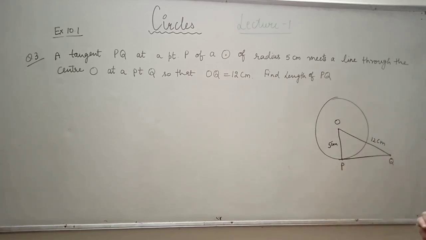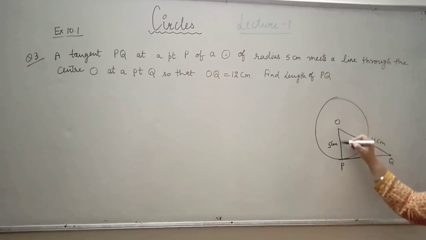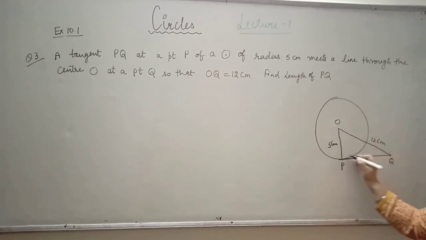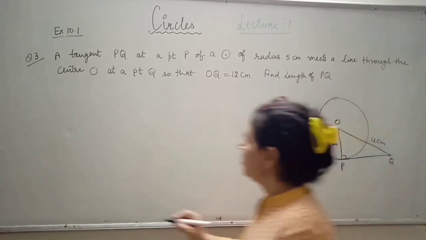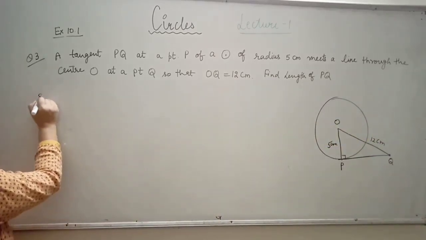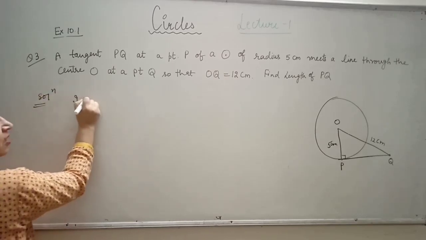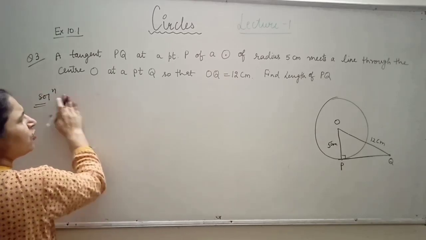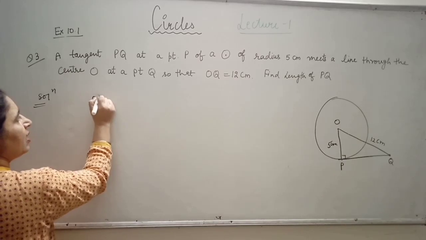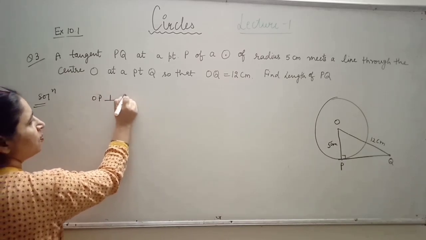Now, as per the theorem, you know that this OP is the radius and PQ is the tangent. And I told you in theorem 10.1 what I taught you, that the radius and the tangent are perpendicular to each other at the point of contact. So solution में सबसे पहले, first of all write down this OP is perpendicular to PQ.